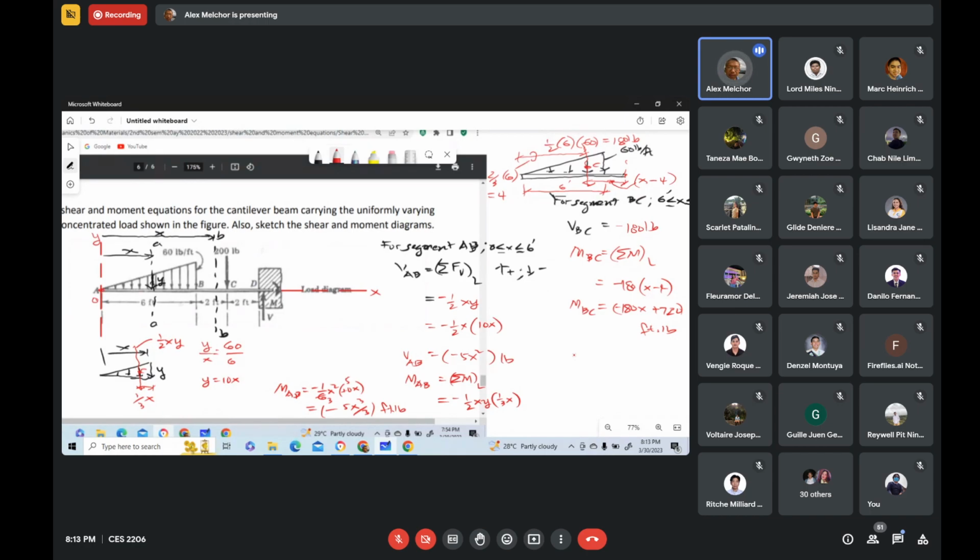So what is the moment equation for CD or the shear equation for CD? We do the same procedure. We pass an imaginary cutting plane, passing anywhere between C and D, and that is located x distance from the left end. So you try to cover the right portion of this section, CC.